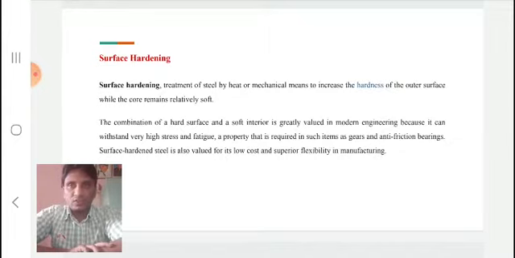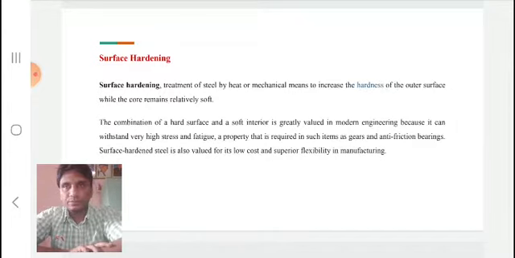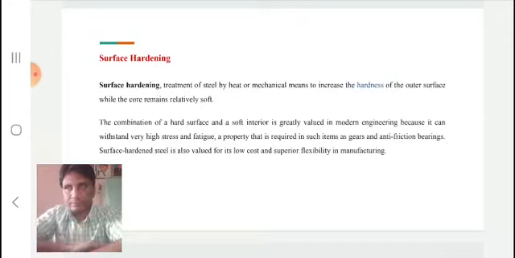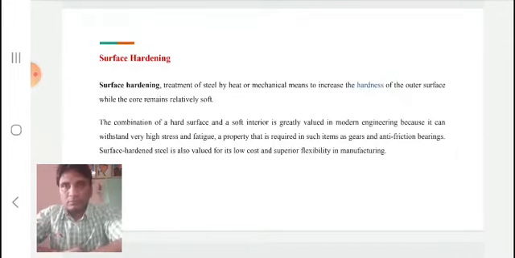In the previous sessions, we have discussed the heat treatment processes of hardening the material or softening the material by annealing, normalizing, and quenching process.